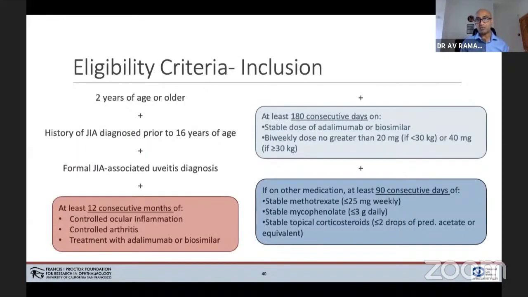So we're going to take children between 2 to 16 who have been stable on adalimumab and who have inactive disease, so at least 0.5 or less, and they are on a regular stable dose, controlled inflammation in the eyes, controlled inflammation in the joints. And in US, they use adalimumab, Humira originator molecule, and in UK, we're using a biosimilar. So this study will demonstrate that it doesn't matter what you do.